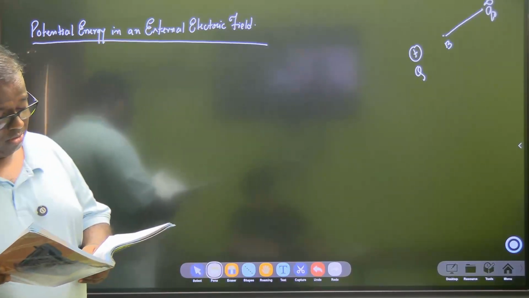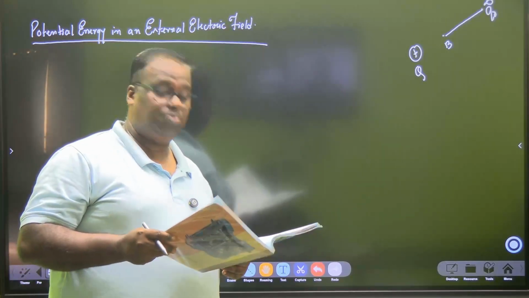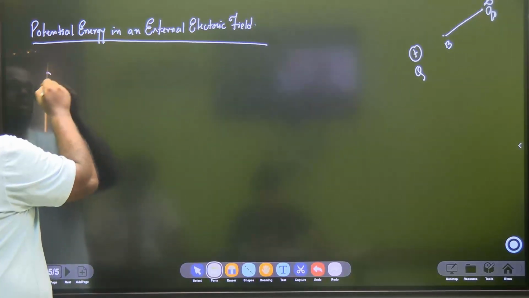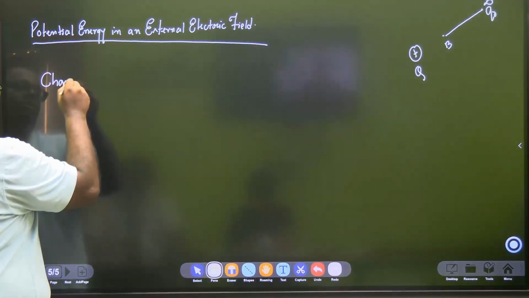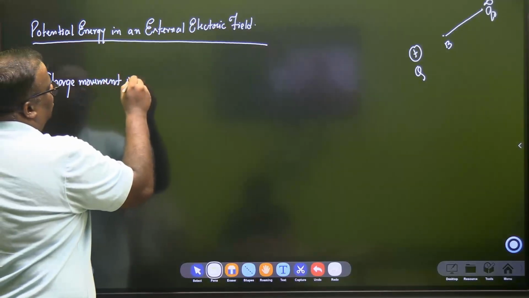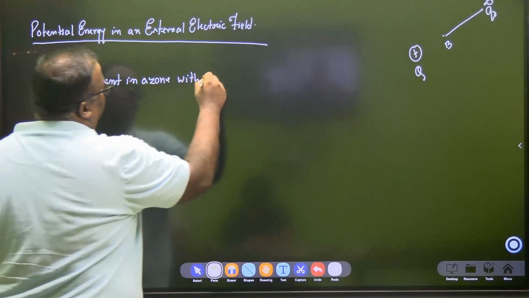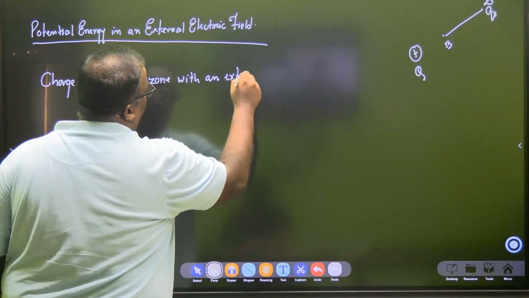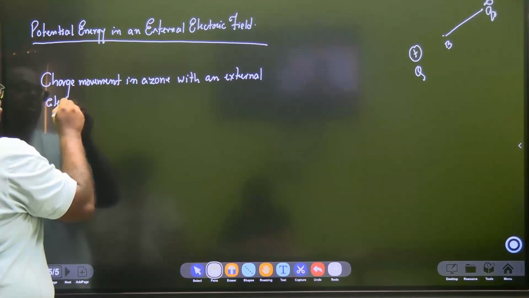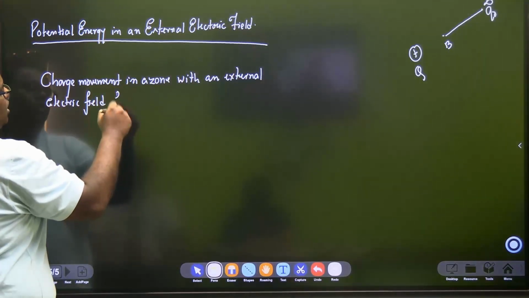Now, the external sources may be known, but often they are unknown and unspecified. What is specified is only the electric field. So this is basically a charge movement in a zone with an external electric field present.